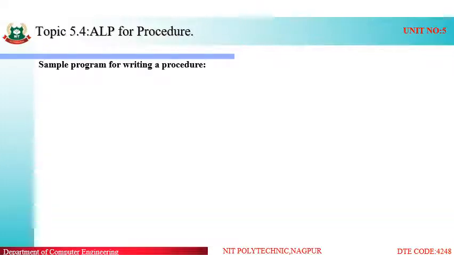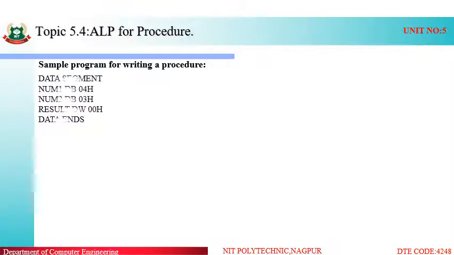So coming to a sample assembly language program to implement a procedure. First we take the data segment. Inside the data segment we have taken two numbers, num1 and num2. Num1 and num2 are nothing but variable names. You can take them as x, y, a, b, whatever. The data type is DB. DB means define byte, that means the numbers are 8 bit. For 8 bit in hexadecimal there are two digits.